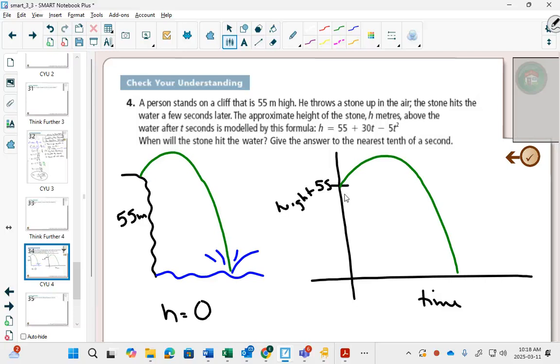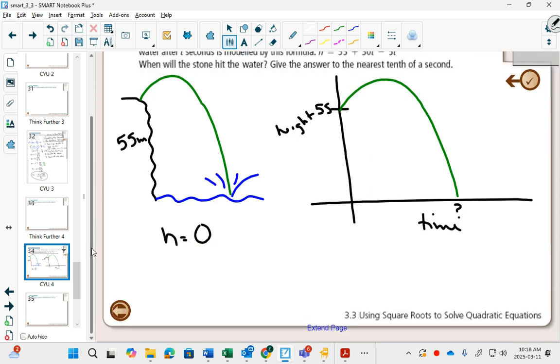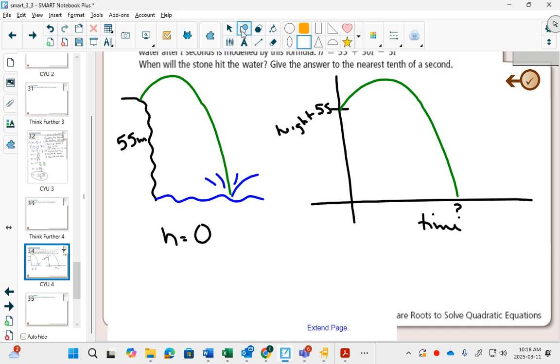We want to find out when. So if this is time here, we are trying to find out when it hits there. Well, how can we set that up in our equation? They gave us the equation.